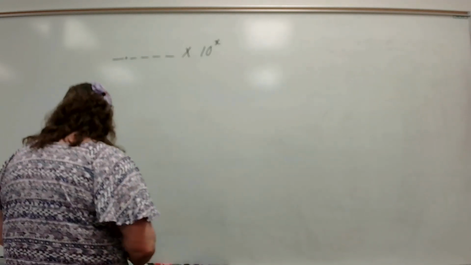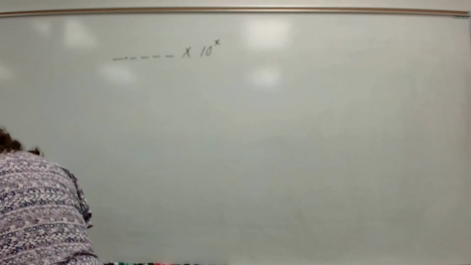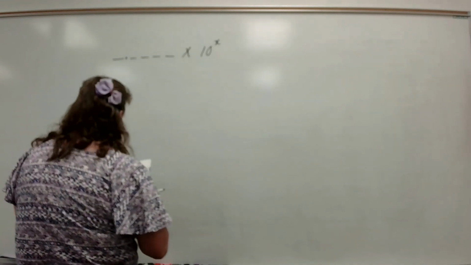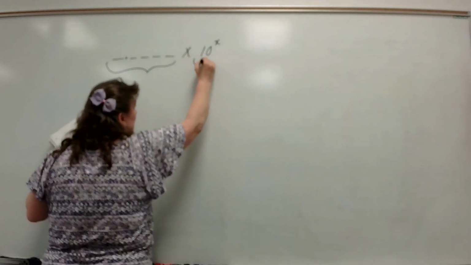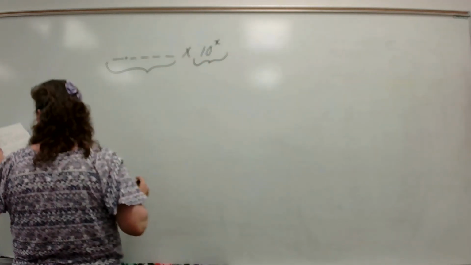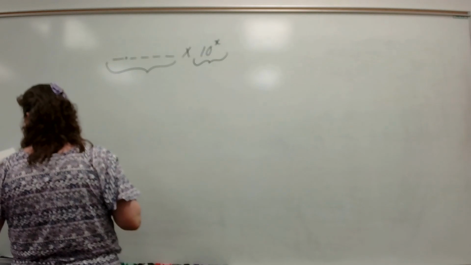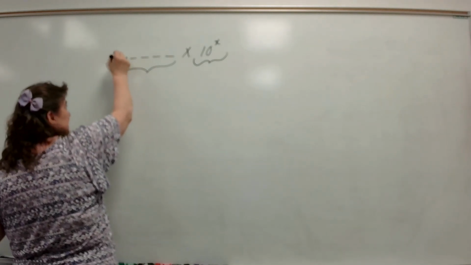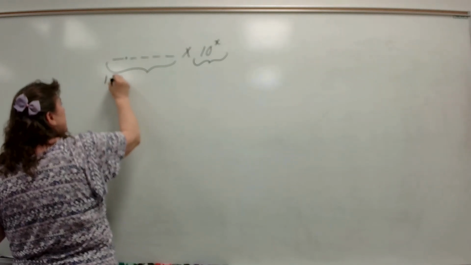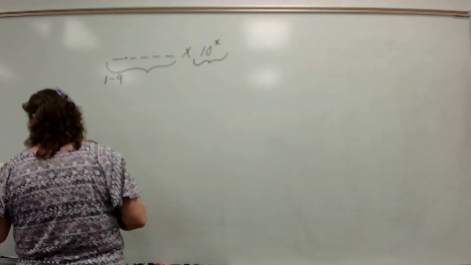So let's look at things like this. As I say, this is written in two parts. This part is part 1 and this part is part 2. This number here, because it's got to be significant, can only be the digits 1 through 9.